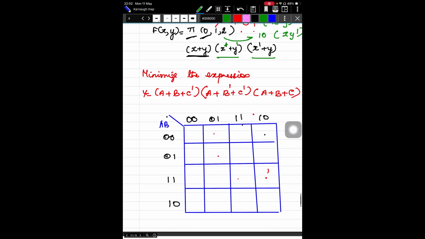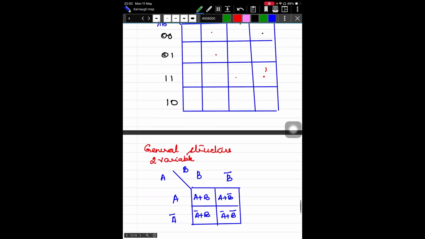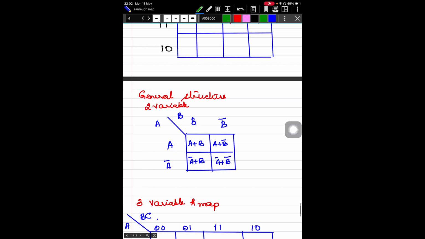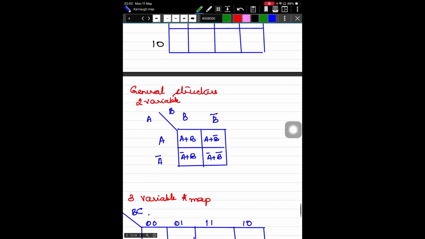Is that clear? Okay. Now we will see the general structure again, and then we'll solve a problem. General structure of POS. As we did before, it's a 2 variable function, 0, 1, 0, 1. When a variable is 0, we take it in true form. When a variable is 1, we take it in the complemented form.